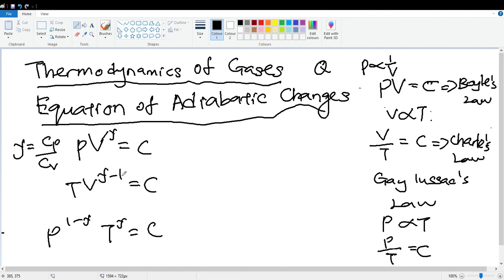Each of the three has its own derivation, but the derivation is quite long, so I will skip it. These three equations do not represent Boyle's law, Charles' law and Gay-Lussac's law, but the equations for adiabatic changes instead of the three gas laws. They are a bit different from these gas laws.